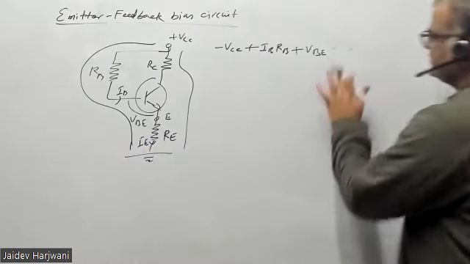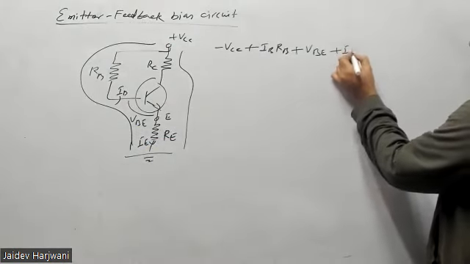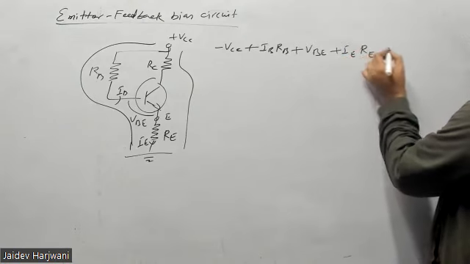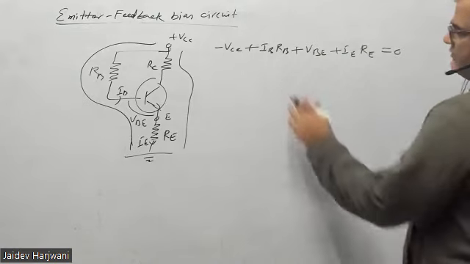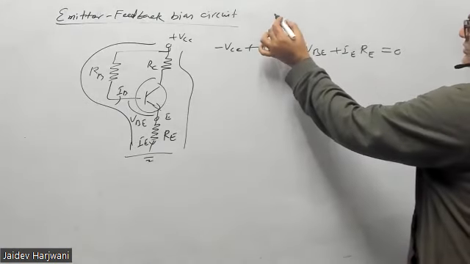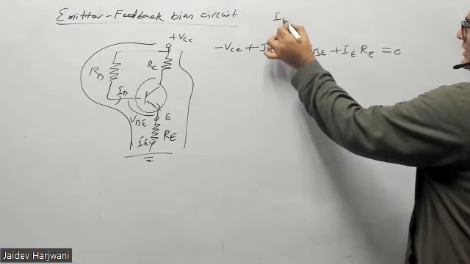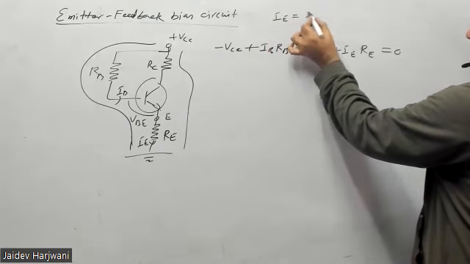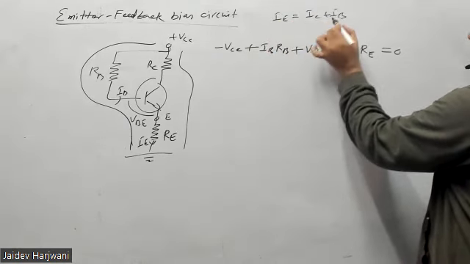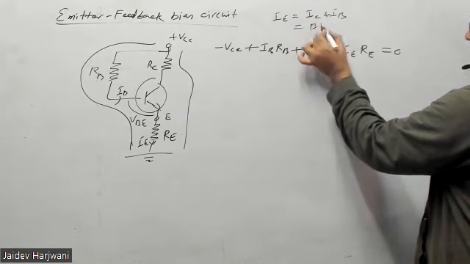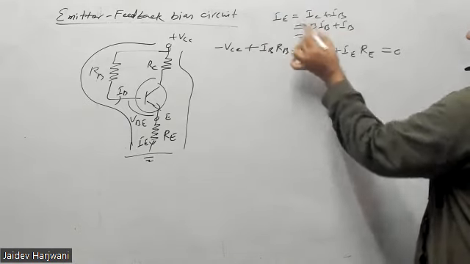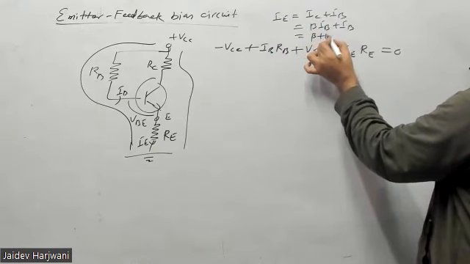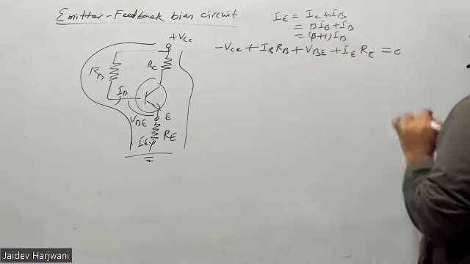So plus IE RE equals 0. Now I want only IB in the circuit. So you should remember IE is equal to what? IC plus IB. And IC is beta IB plus IB. So instead of IE, I can write (beta plus 1) IB. Okay.